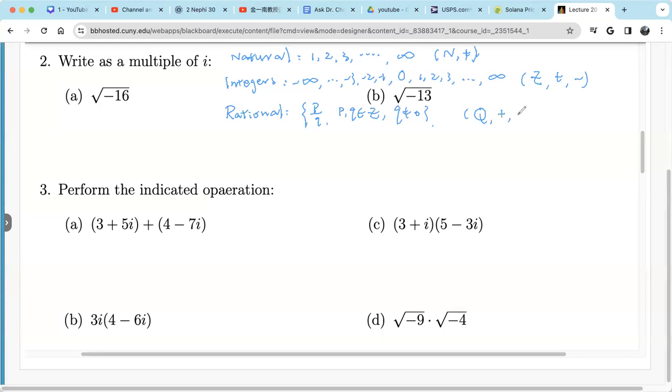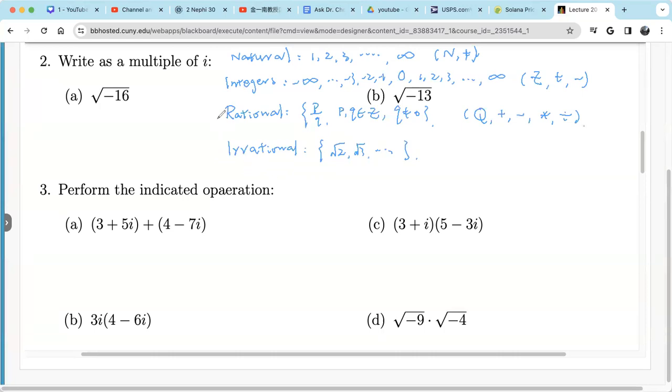We can do addition, we can do subtraction, we can do multiplication, we can do division now. But then we have another family of numbers, like square root of 3, square root of 2. We call them irrational numbers, right? As your square root of 2, square root of 3, the infinite many.